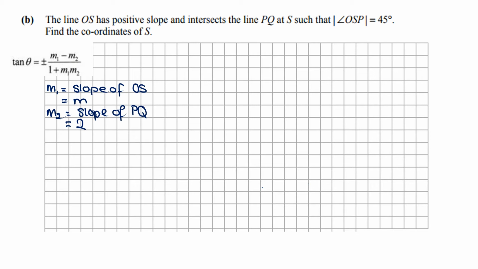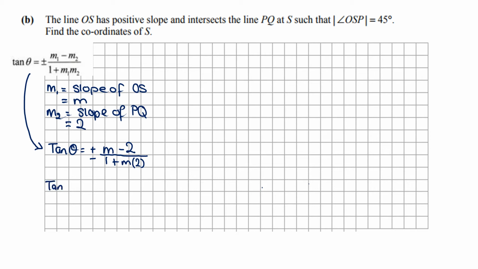So now, working with this formula, we have the tan of theta is equal to plus or minus M1, which is M, minus 2, over 1 plus M by 2. Now, we've been told that the angle is 45 degrees.